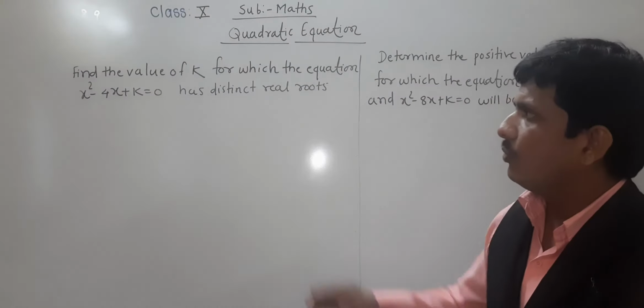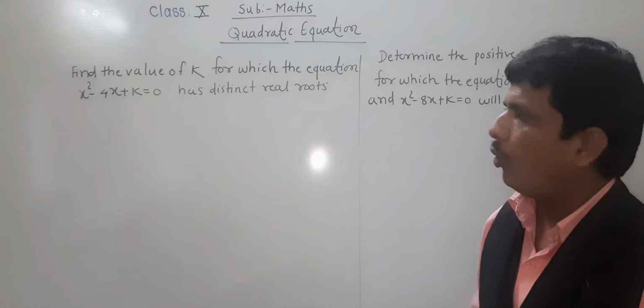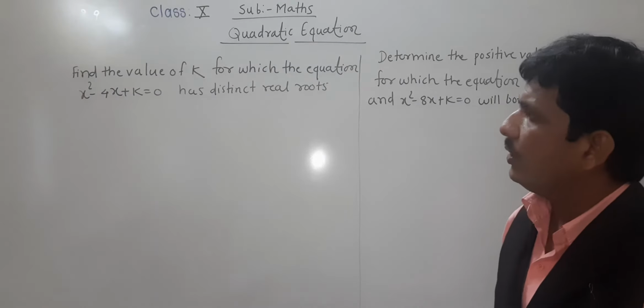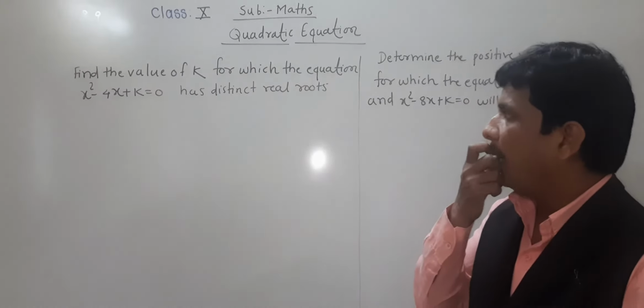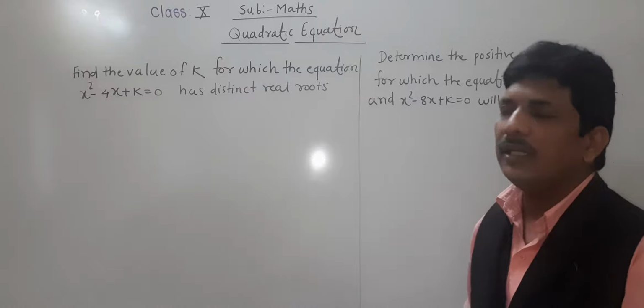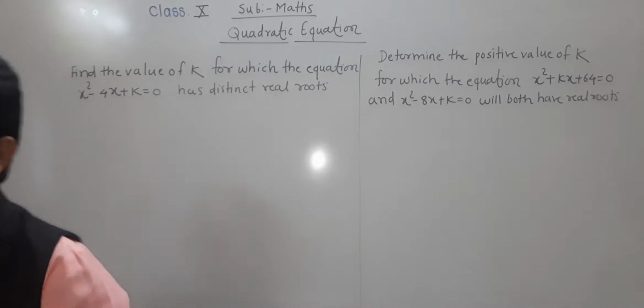So see here, the first example is given. Find the value of k for which the equation x square minus 4x plus k is equal to 0 has distinct real roots. Okay, distinct real roots.